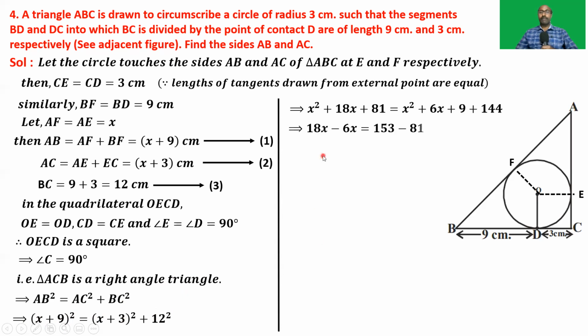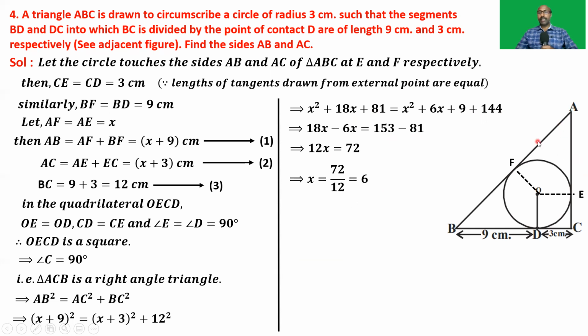So by simplifying this equation, we get 18X minus 6X is equal to 144 plus 9, 153, and by transferring 81 to the right side, we get minus 81. From this, we can write 18X minus 6X, that is 12X, is equal to 153 minus 81, which is 72. So X is equal to 72 by 12, which is equal to 6.